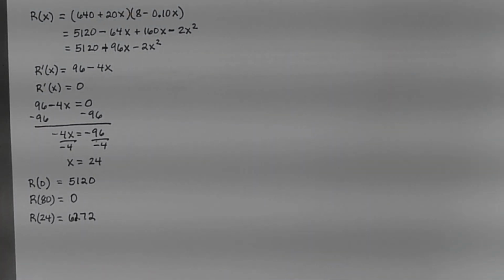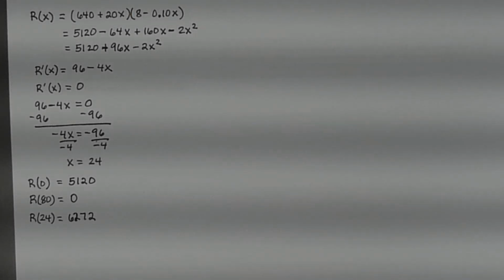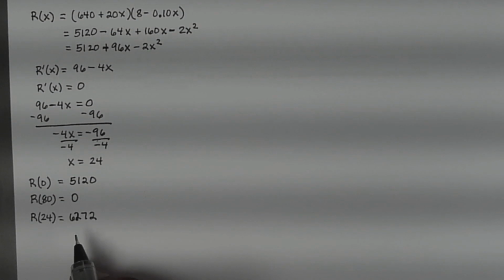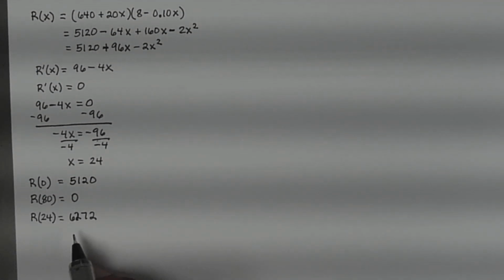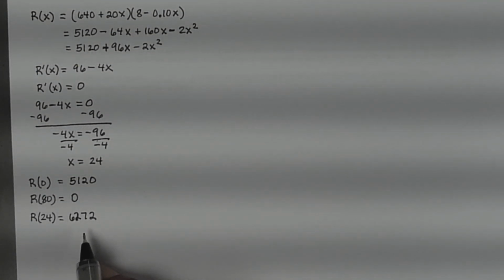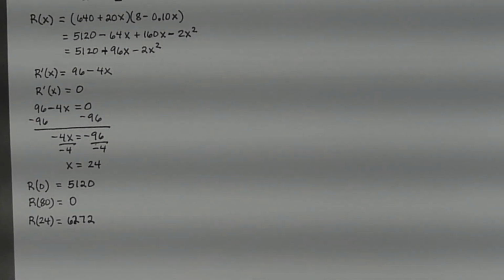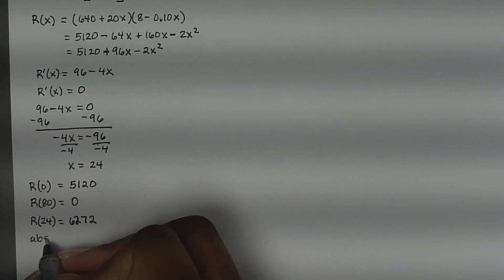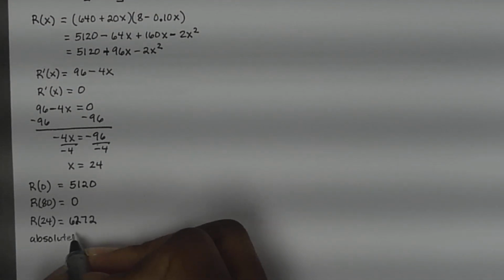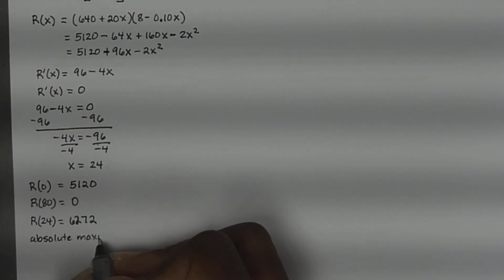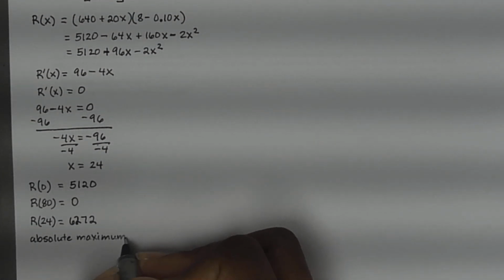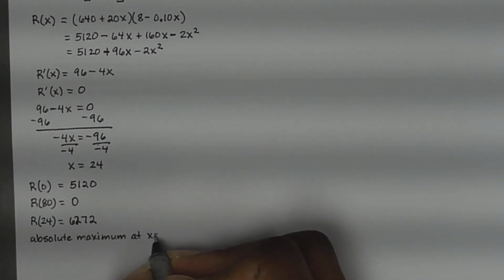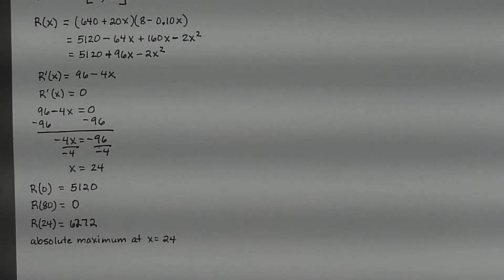Now the problem does say we're trying to maximize revenue. So here, the maximum would be the highest of these three. So it would be this number, 6,272, when x is 24. So at x equals 24, this is where I have an absolute maximum.